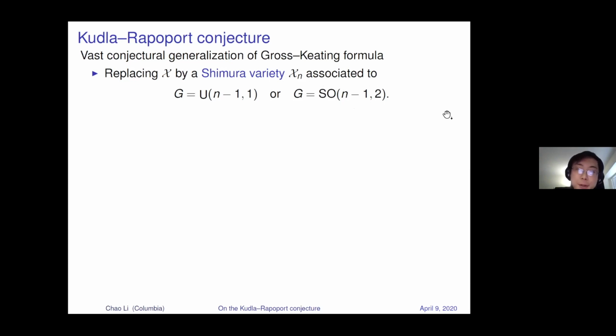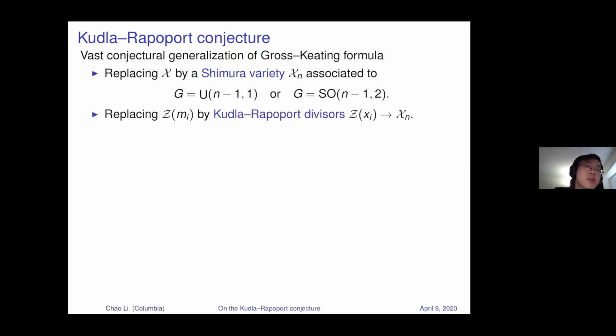These particular kinds of Shimura variety are isolated by Kudla because, like this modular surface, they also have a rich supply of divisors. These are known as the Kudla-Rapoport divisors, which I denote by Z(ξ), living on these arithmetic n-folds.